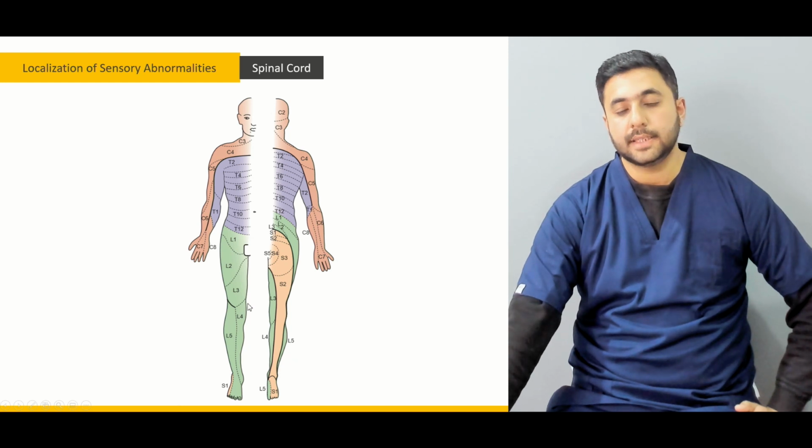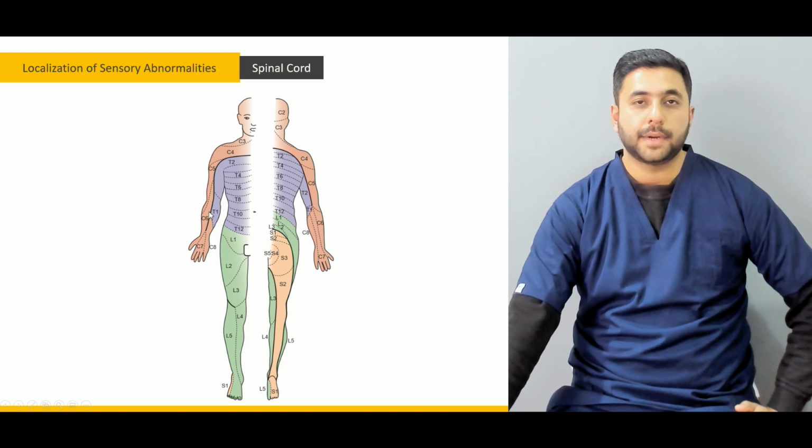On examination, we can trace it all the way up to the spinal cord. Similarly, with an ulnar nerve injury, we can differentiate whether it is at the level of C8 or T1 or T2, because there are various levels which are mapped out on the skin. It is important to understand that these levels don't generally coordinate with the area of the spinal cord.